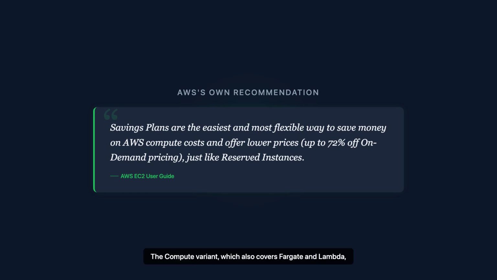The compute variant, which also covers Fargate and Lambda, caps at 66%. Notice the words Amazon Web Services chose, easiest and most flexible. Amazon Web Services is openly nudging customers from reserved instances towards savings plans, and the positioning matters when a question asks which option Amazon Web Services recommends.